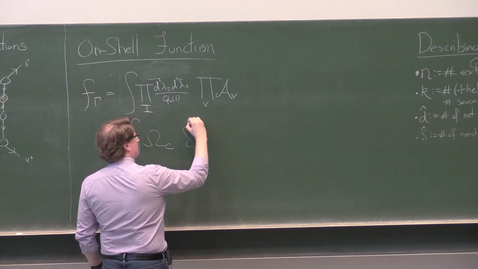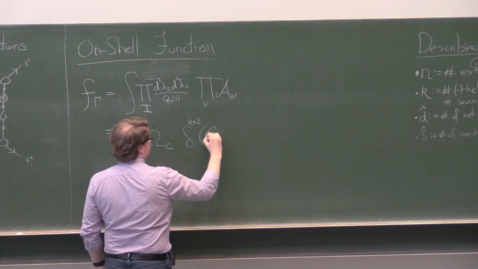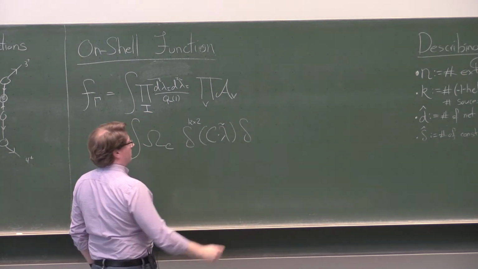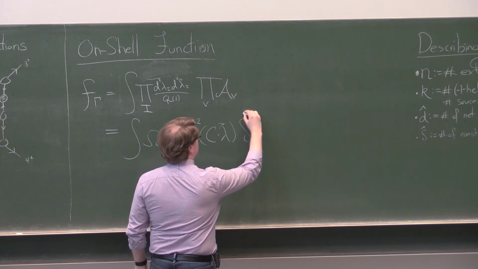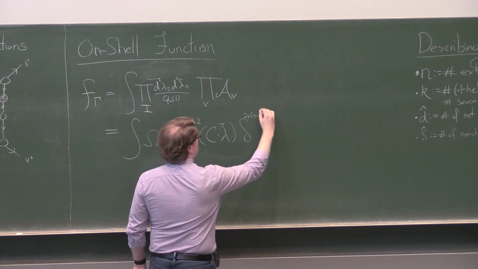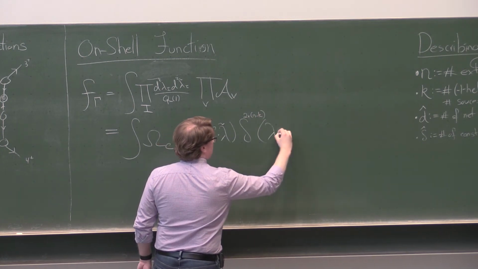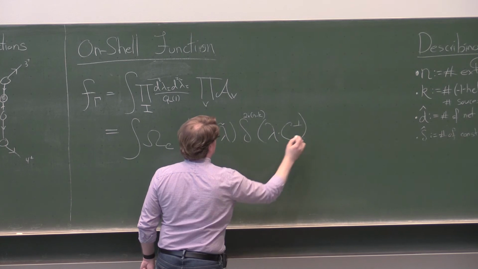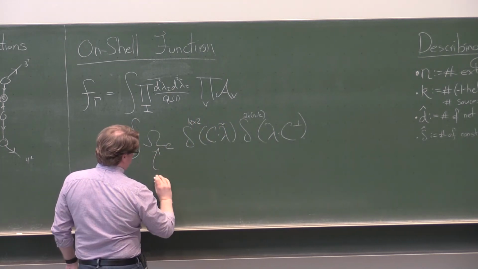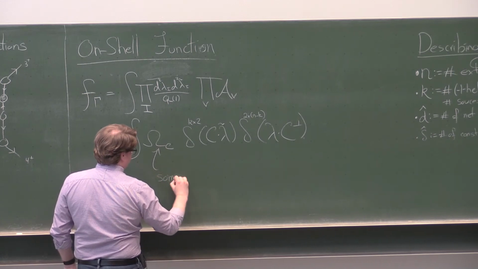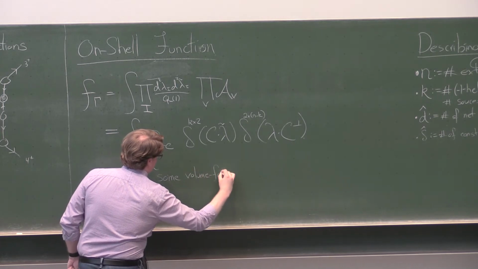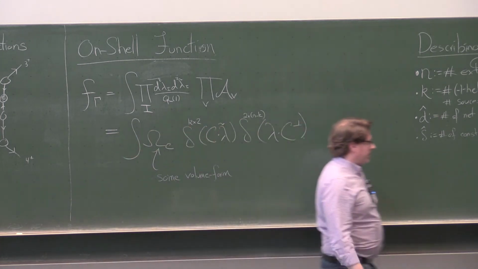So k by 2, c dot lambda tilde, and sorry, maybe I'll leave it to the people paying close attention. Okay, I won't correct myself. Lambda dot c perp, where this is some volume form that in general depends a lot on the graph.